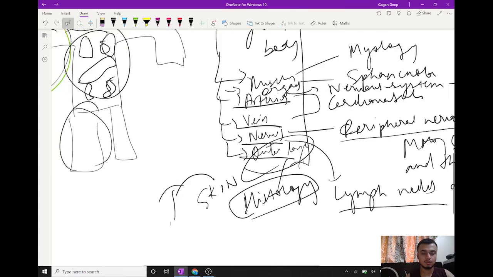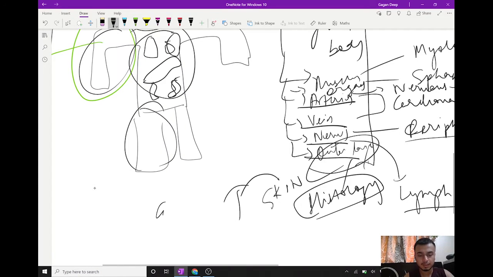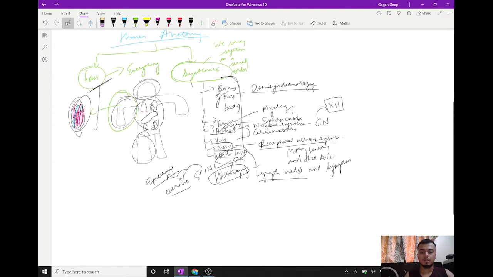I'm just going over the basics. You may know this or you may not, but there's nothing to worry. We will cover all of this: epidermis and dermis. Easy. This was the basic division of how we can classify human anatomy.